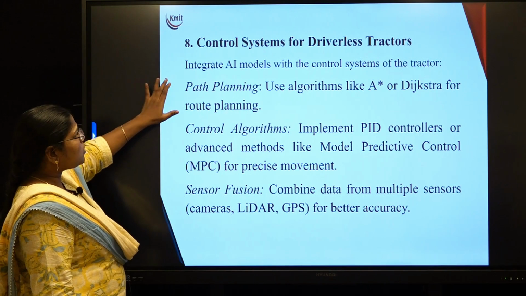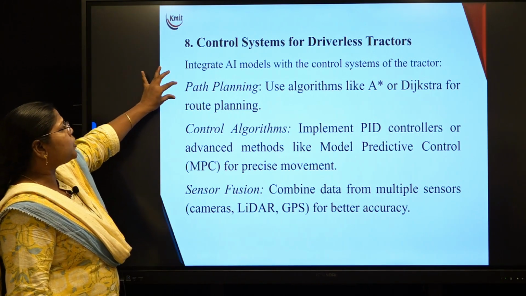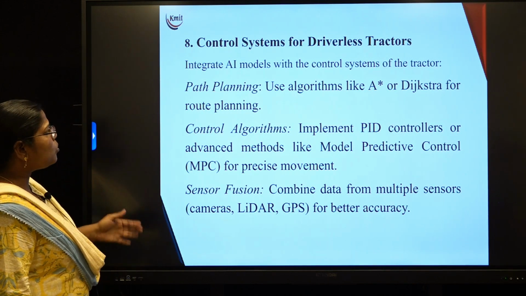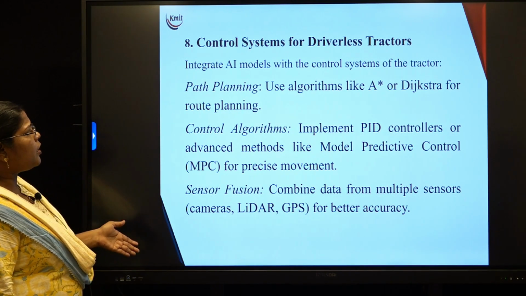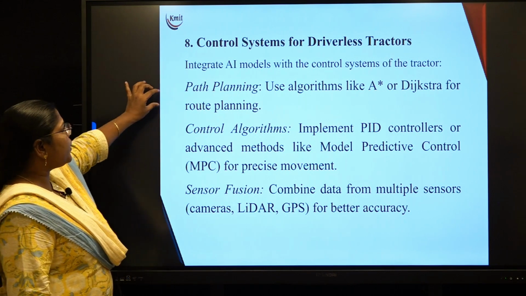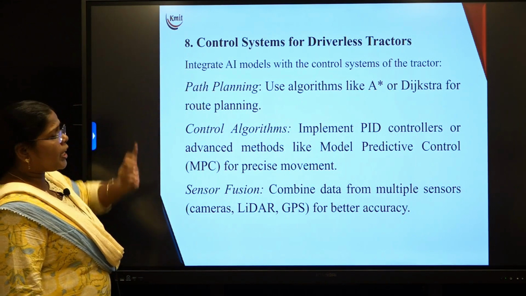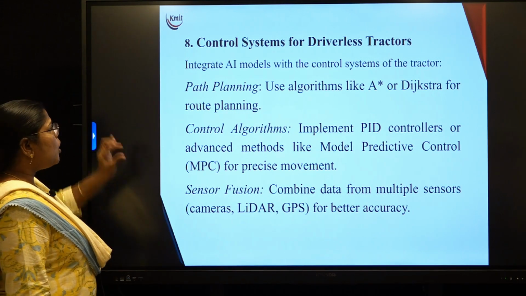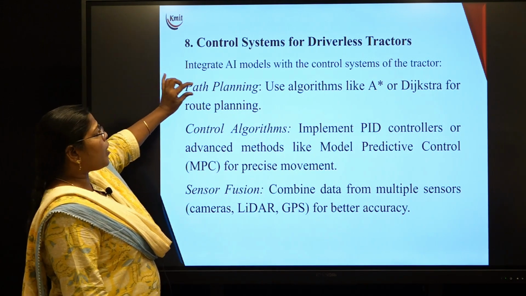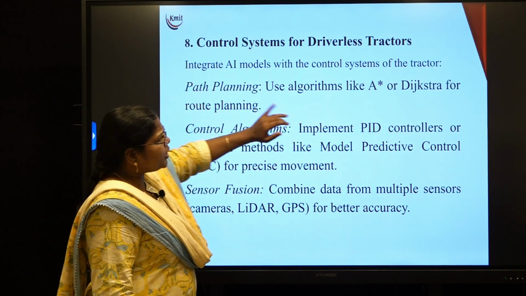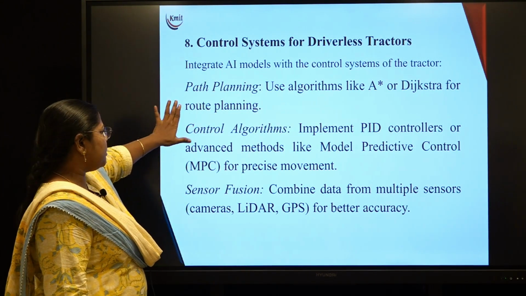So what are the control systems required? First one is path planning. To move the driverless car on a track, we always need path planning, creating an optimal solution so that we find the shortest path. So we use A star and Dijkstra's algorithms.